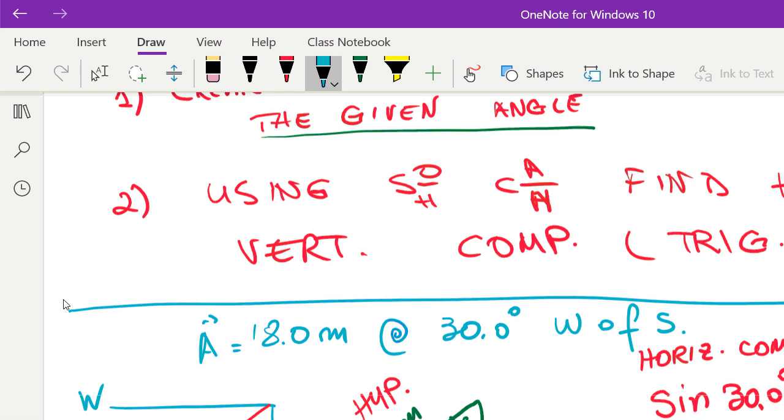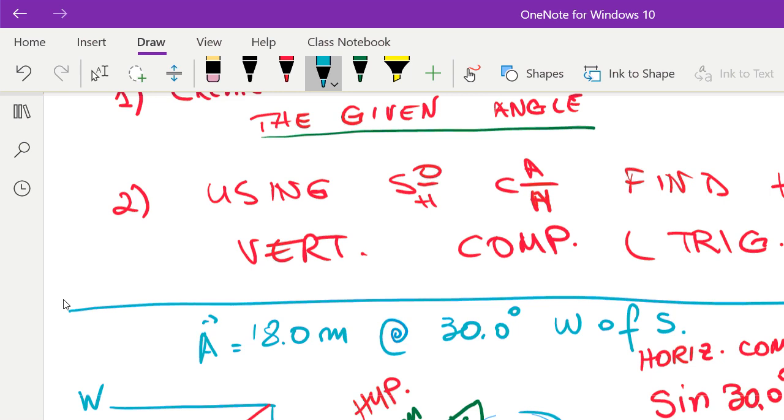The vertical component is this part here, which in relation to the given angle is adjacent. So then you will ask, what is the trig ratio, sine or cosine, that relates adjacent and hypotenuse? And it is cosine. So cosine 30 is equal to the vertical component over the hypotenuse.